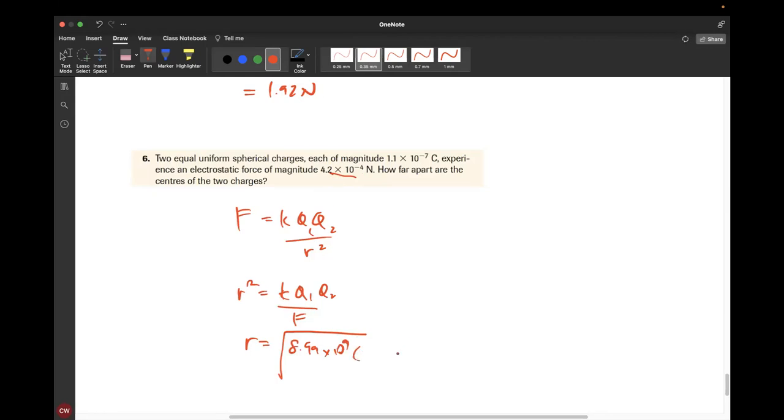Q1, Q2, same magnitude. The charges are the same magnitude, 话一样的话就直接 power 2. So we power 2 then divide by the force.